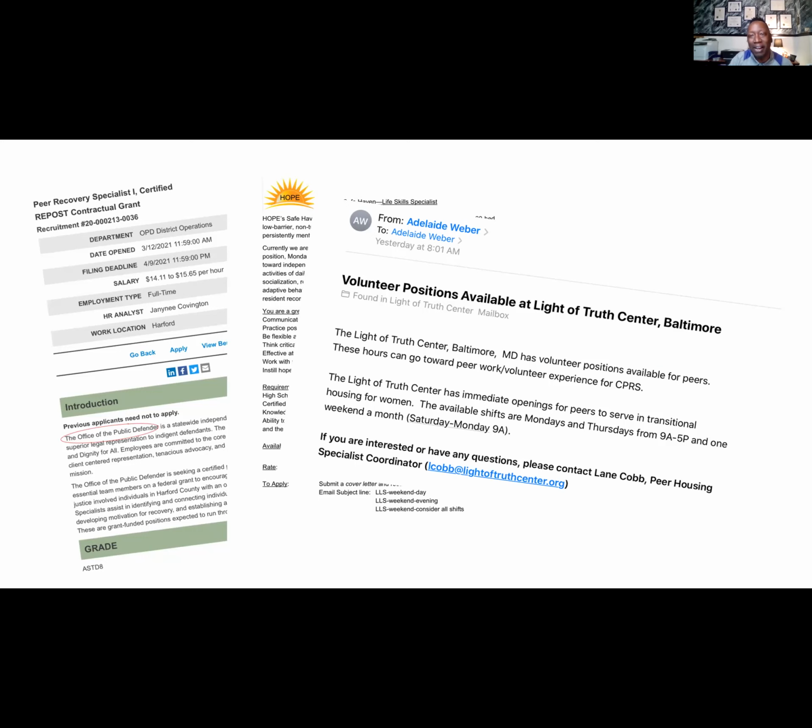But I would encourage individuals, when you're going after jobs, to think about where you would best serve. Think about an emergency room. Peers in the emergency room are meeting individuals in a crisis situation. They're generally helping the person receive services after they leave that emergency room setting, and then it's sort of one and done. They're not generally building long-lasting relationships with the individuals they're serving.